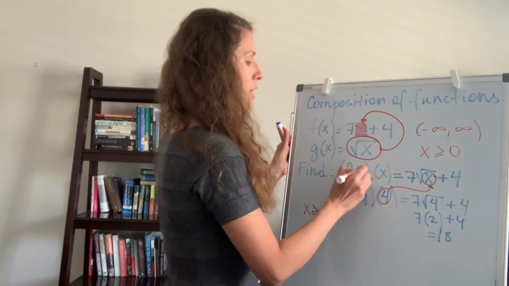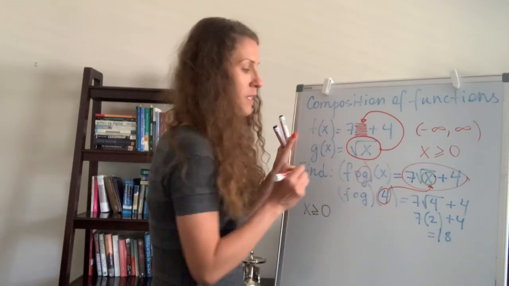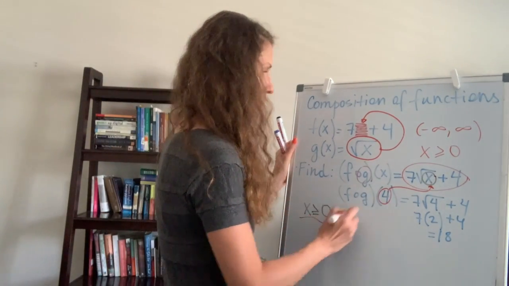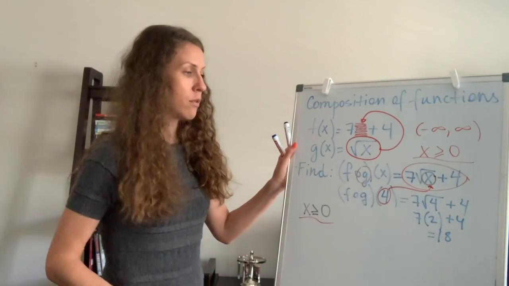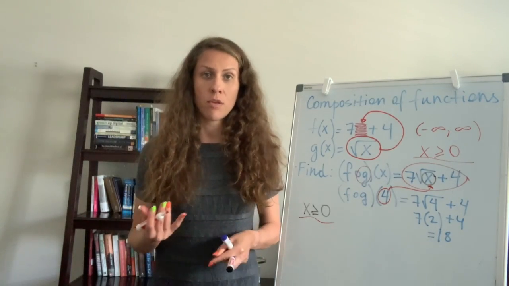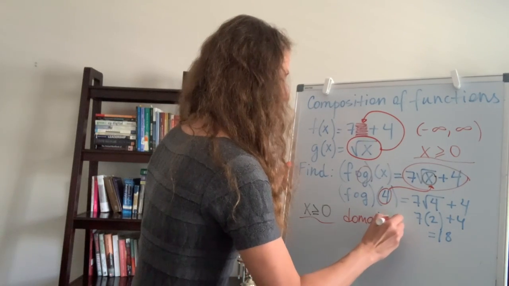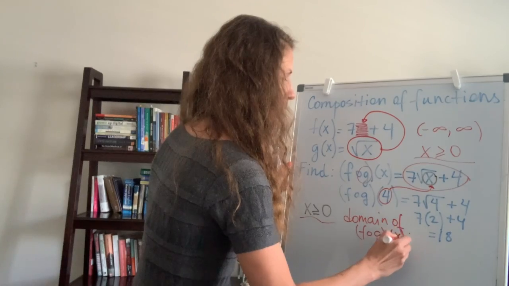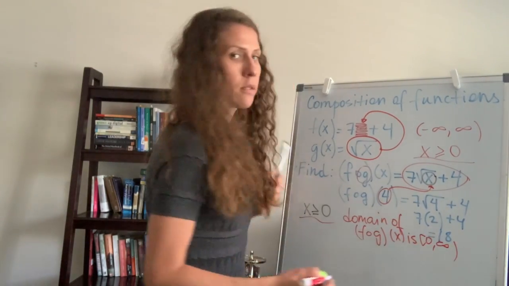So you have to combine the domain of the overall composition with the domain of the second function inside of the composition, and they actually are the same. If you look here, x is greater than or equal to 0 and x is greater than or equal to 0. So that will be the domain of your composition. X is greater than or equal to 0, or we say from 0 to infinity.